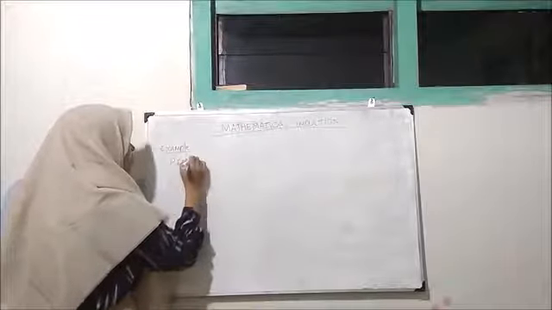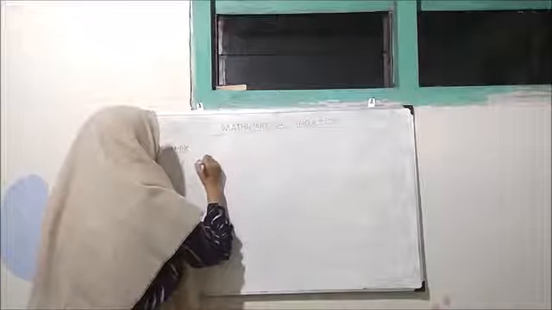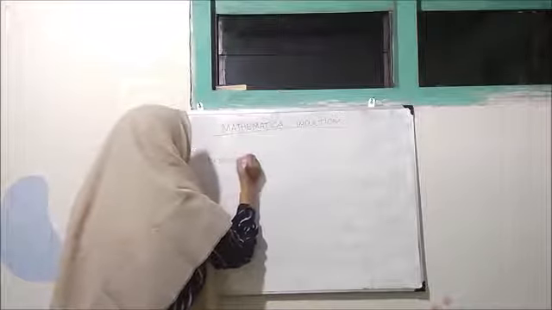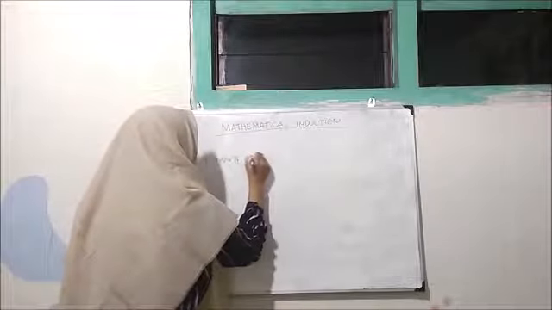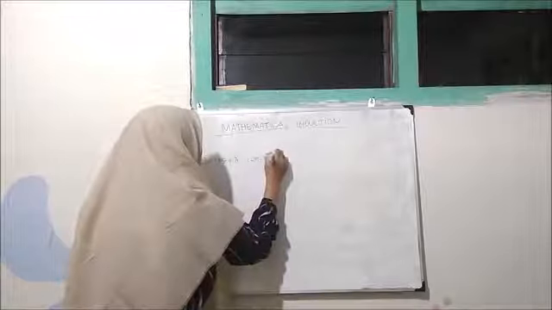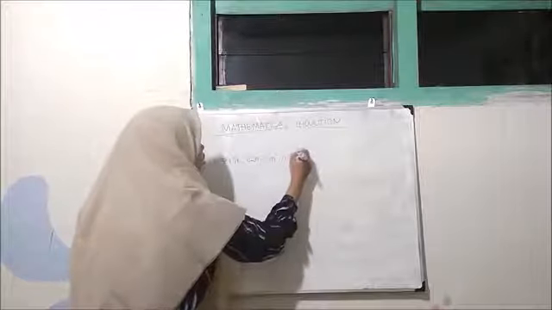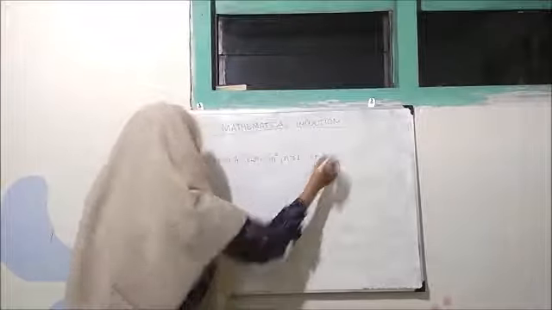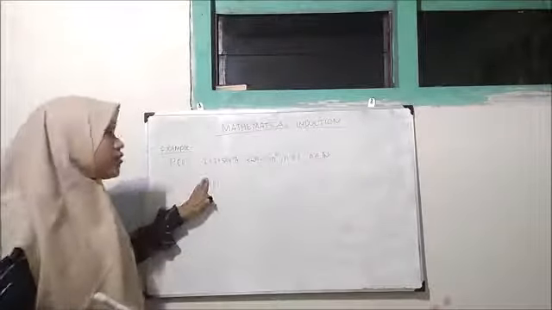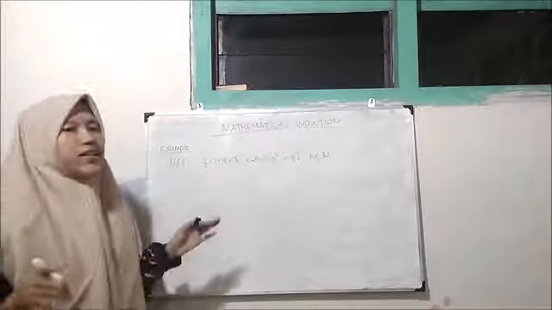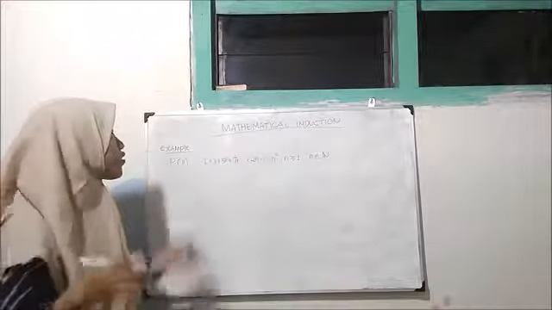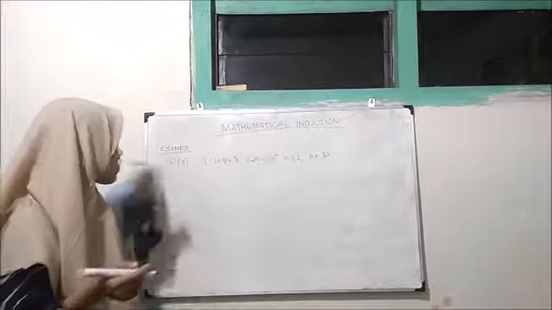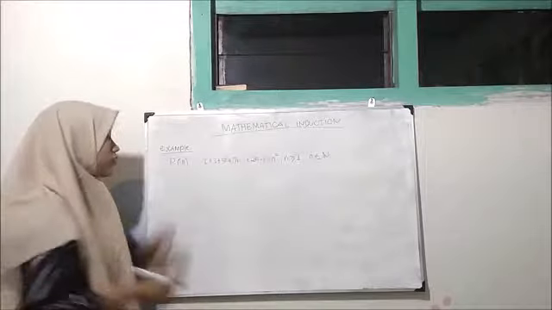Suppose P(n) is 1 plus 3 plus 5 plus 7 and so on until 2n minus 1 is equal to n squared, for n greater than or equal to 1 with n an element of the natural numbers. This is the problem that I gave you previously. How to prove it?